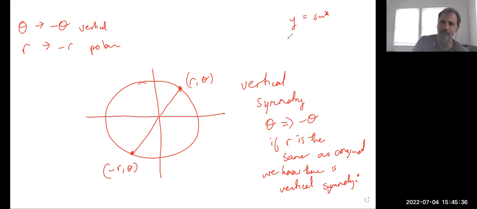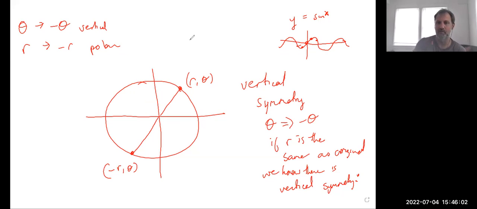So we know that this has rotational symmetry, because if we take this and we spin it around 180 degrees, we get back to the same point. And that's because every point here is matched by a point over here.